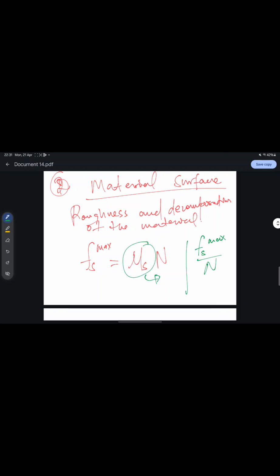Then let's talk about the kinetic Fk, which is the kinetic frictional force. Then after kinetic frictional force, we'll talk about non-contact forces.